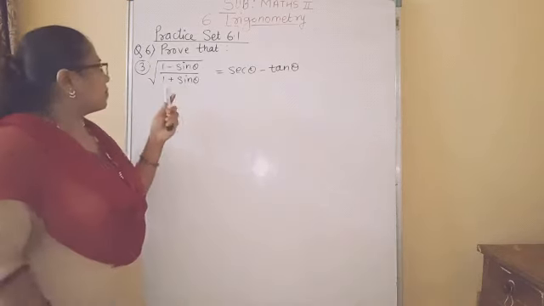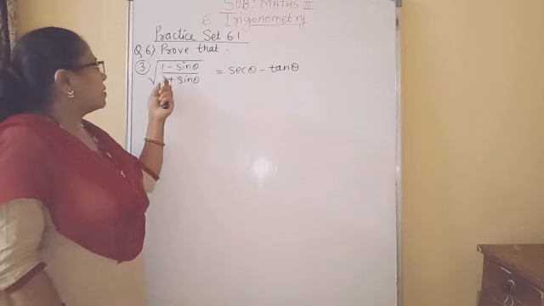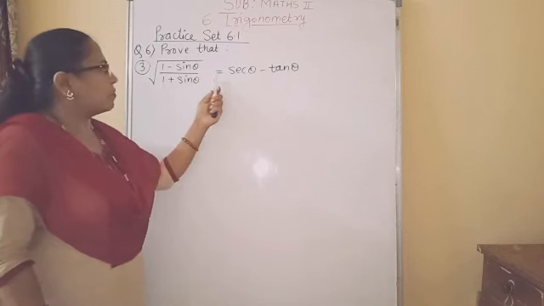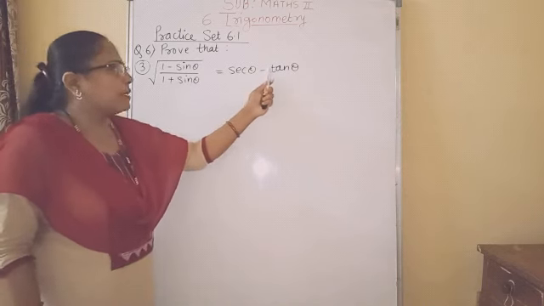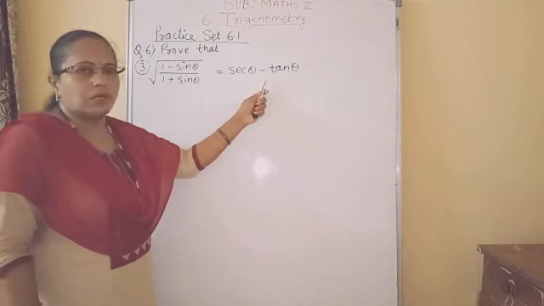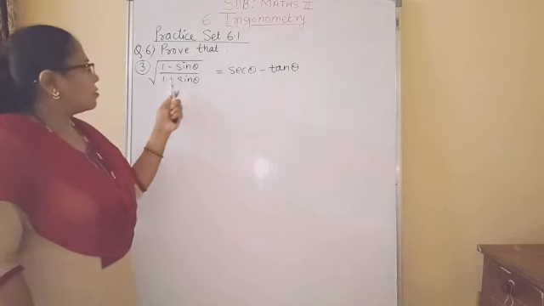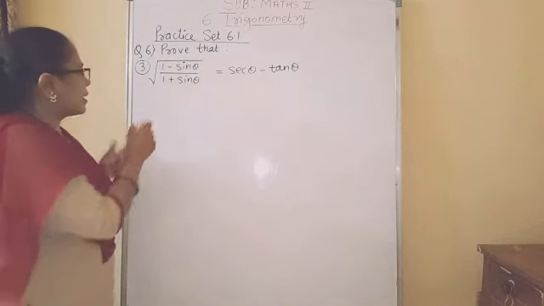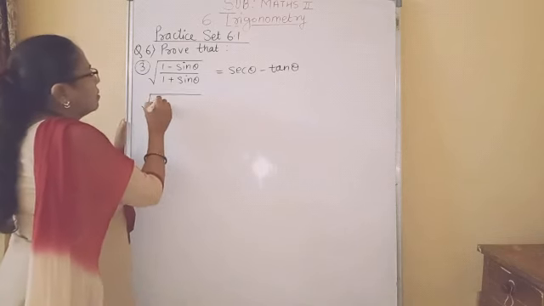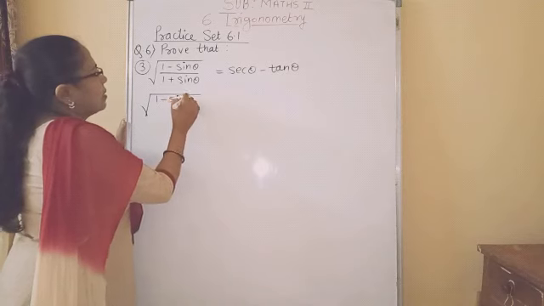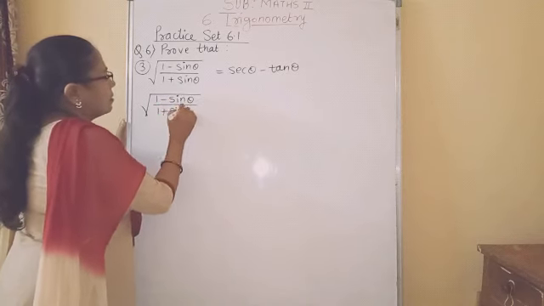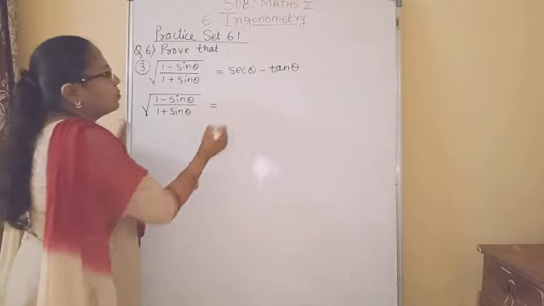Followed? Next example is square root of 1 minus sin theta upon 1 plus sin theta equal to sec theta minus tan theta. We have to prove this left hand side is equal to right hand side. So we will carry this left hand side down. Square root of 1 minus sin theta upon 1 plus sin theta equal to.